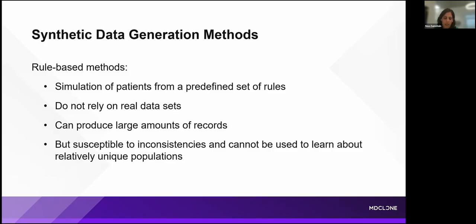In addition, nothing new can be discovered using these data sets which was not already coded in the rules. So, for example, a group of patients reacting differently than others to a new drug. Finally, these methods are susceptible to generation of clinical inconsistencies, like pregnant males, incorrect proportions, or medical artifacts.